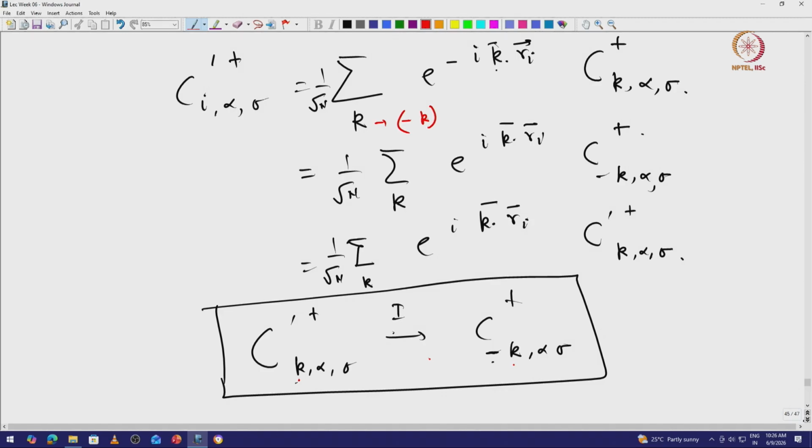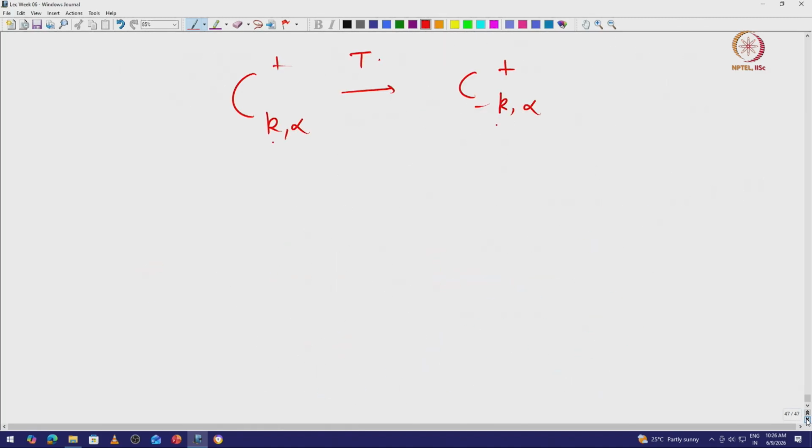In one case, because R_i changed to minus R_i, which is equivalent to changing k to minus k in the momentum space. In the second case, it was i going to minus i, which is equivalent to changing k to minus k.